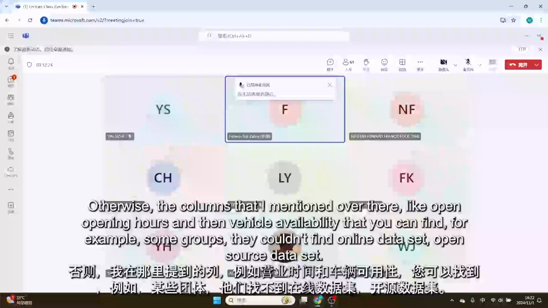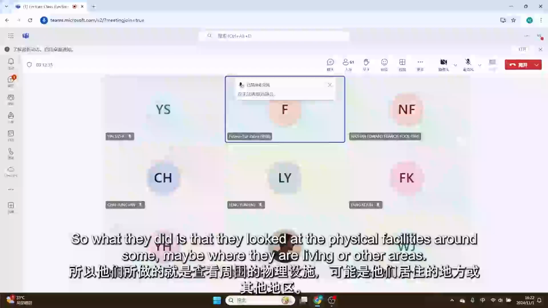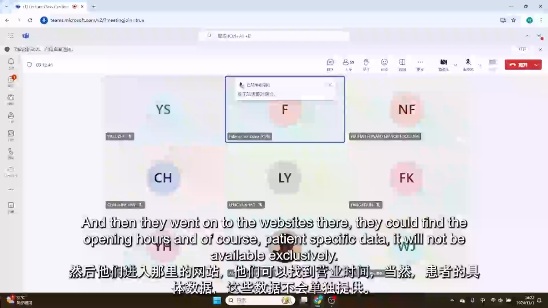the columns that I have mentioned over there, like opening hours and vehicle availability, you can find. For example, some groups couldn't find an open source data set online. So what they did is look at the physical facilities around where they are living or other areas, and then they went on to the websites.